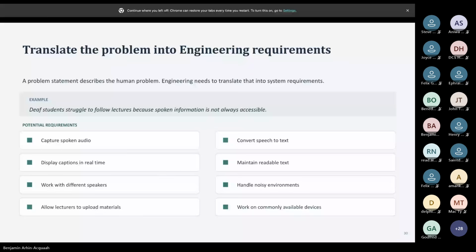It should work with different speakers and also handle noisy environments. We can allow lecturers to upload materials that can also go through these same processes, and it should work on commonly available devices.